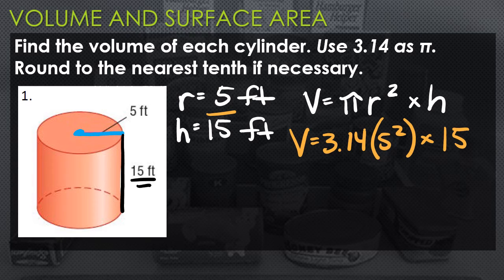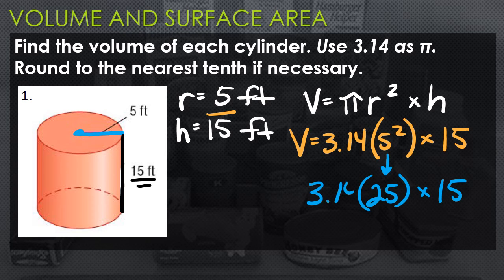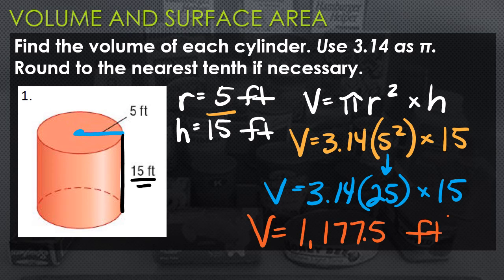It's really important to write down your steps, because in this third step there's a common error: some people are doing 5 squared as 10, but 5 squared is actually 25. We're going to rewrite the entire equation, and then multiply the parts out. 3.14 times 25 times 15 gives us a volume of 1,177.5 cubic feet.